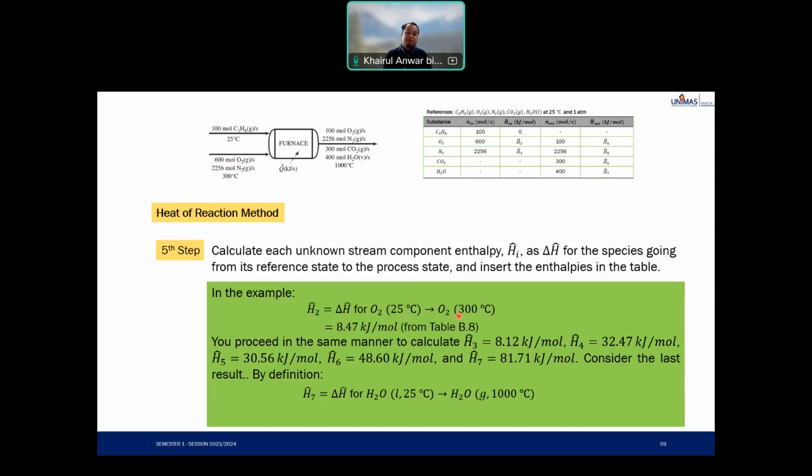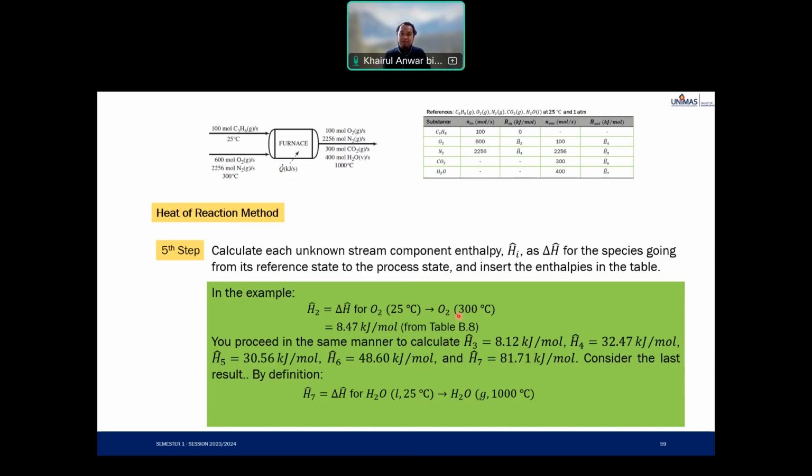Because you chose the reference state at 25 degrees C, you can just take the specific enthalpy for oxygen at 300 degrees C from Table B8. Oxygen at 300 degrees C, Table B8, is 8.47 kilojoules per mole.